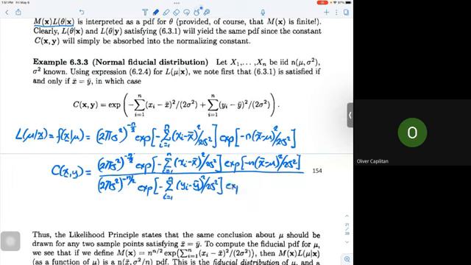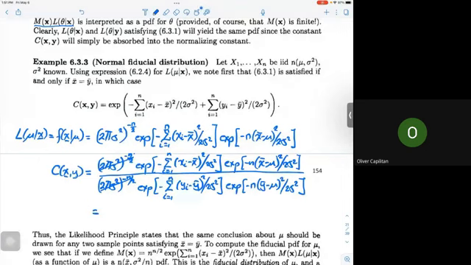We have here the exponential of negative n times y bar minus mu square over 2 sigma square. Okay? So this one would cancel out, and this would be equal to the above expression.